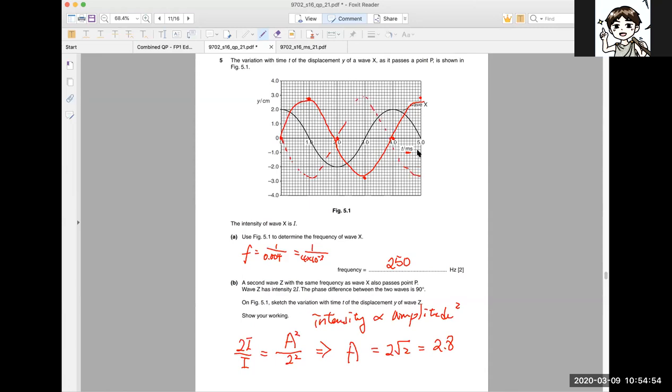Can any of you explain why both answers are correct? It's because it's still a difference of 90 degrees, so it doesn't matter forwards or backwards. It doesn't tell you whether Z is ahead or X is ahead.